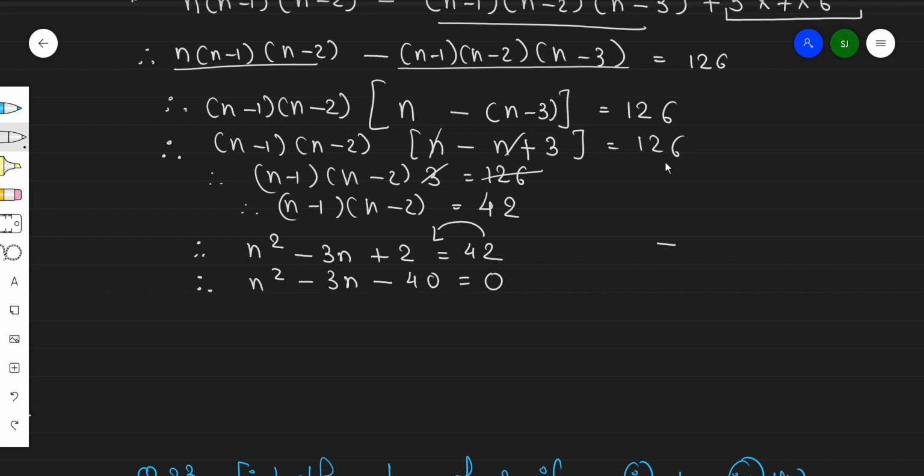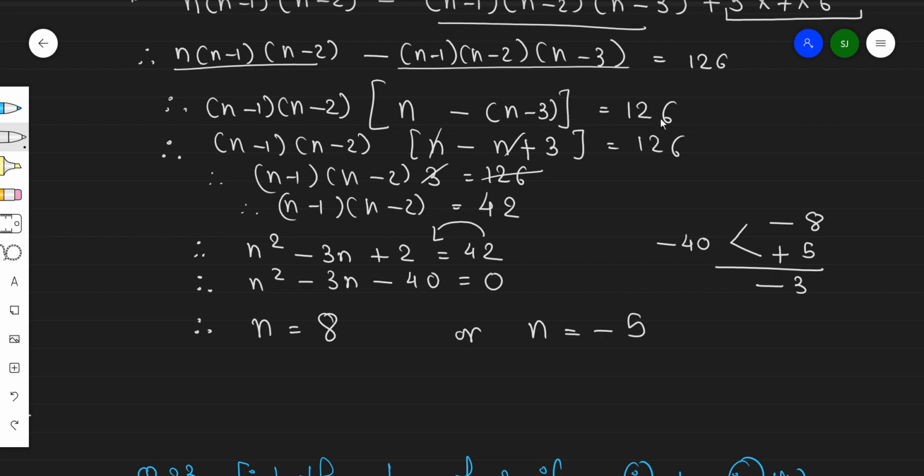Now minus 40 should be divided into two parts such that the sum is minus 3. So since here I have minus, this will be minus and plus. Just think about it. Try to think about a number which will work for us. It should be 8 and 5, 8 5s are 40, so minus 8 and plus 5, right? So it will work. Therefore the value of n after simplifying would be plus 8, or the value of n would be minus 5.